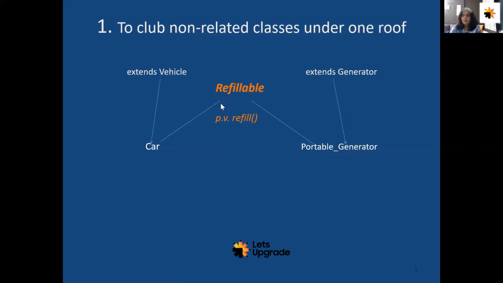So the refill method inside the interface must be abstract. Whichever entity or class is implementing that particular interface will provide its own implementation for that particular method inside the interface. This is how interface methods are by default abstract, right? So this refill method will be abstract, declared inside the interface.